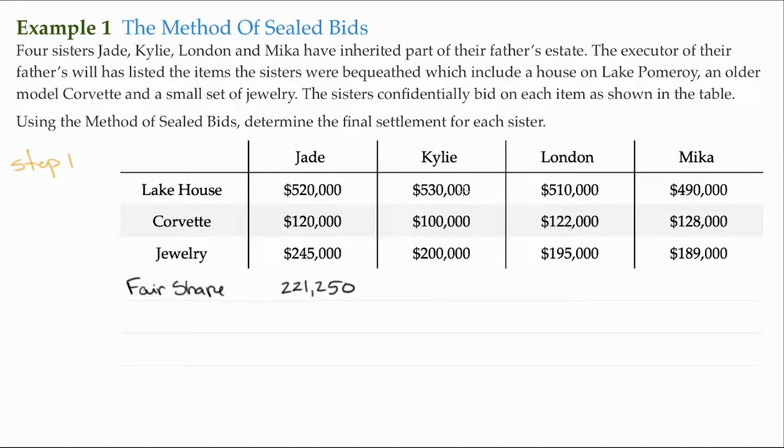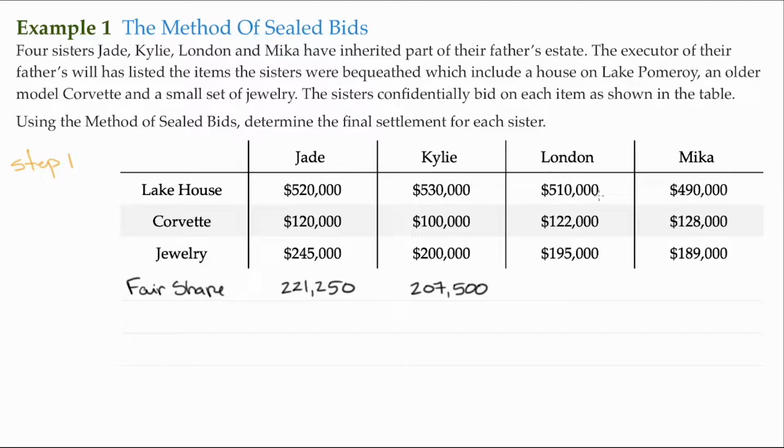Kylie does the same thing. She puts in her bids for the lake house, the Corvette, and the jewelry. The executor collects it up, and it comes out to $830,000 in total. She has to split it with three sisters, so she divides it by 4 and expects to get $207,500 worth of the estate. London does the same.